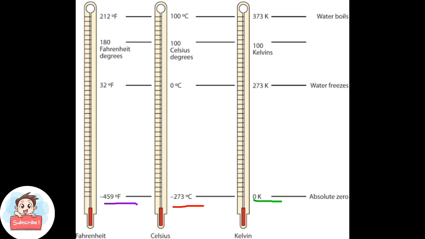So that defines the absolute zero point. And next we are going to discuss the freezing or ice point. In the Celsius scale, 0 degrees centigrade indicates the freezing point or ice point. In the Kelvin scale, 273 kelvin indicates the ice or freezing point.